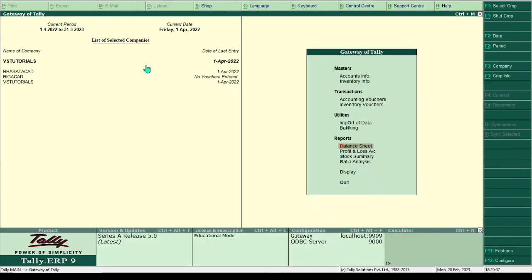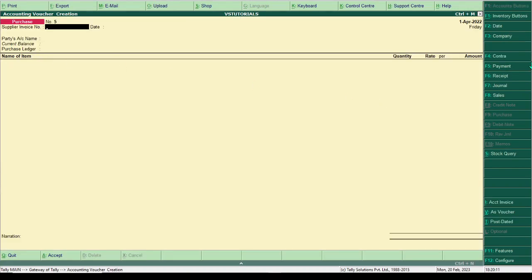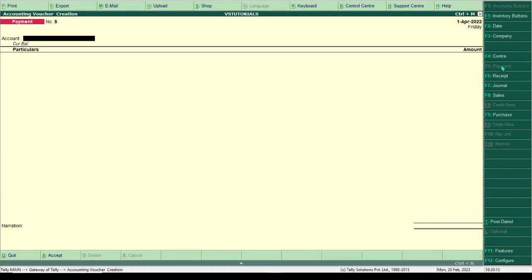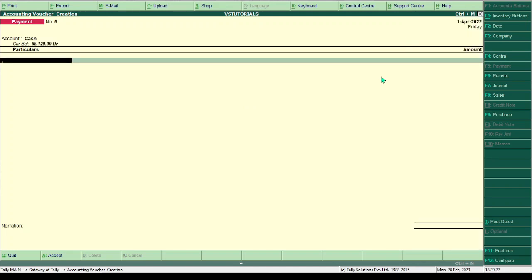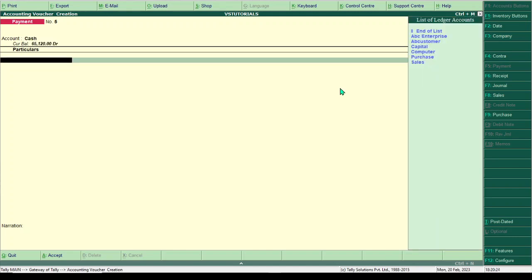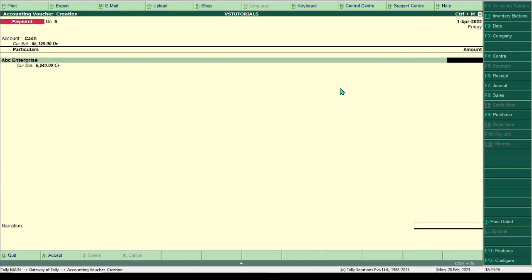So we will now pay the credit amount. In the accounting vouchers we go to the payment section and we select cash, and we select our enterprise name, supplier name, 6240.